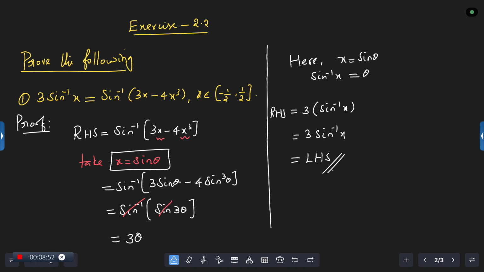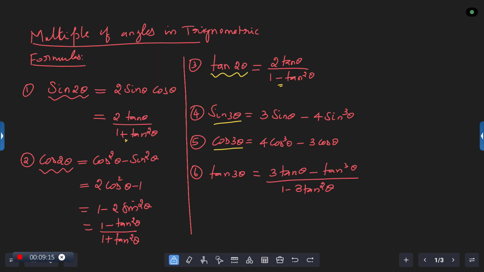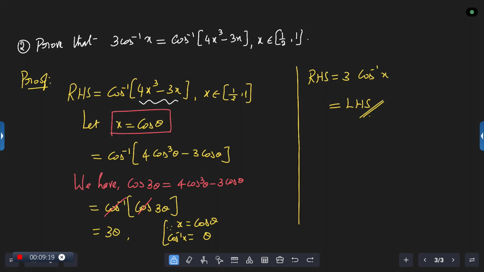We have sin 3 theta equals 3 sin theta minus 4 sin cube theta. Then finally, replace the value with sin 3 theta, cancel, and after that replace the value of sin inverse x. Okay. Very clear? Any doubts? Yes.